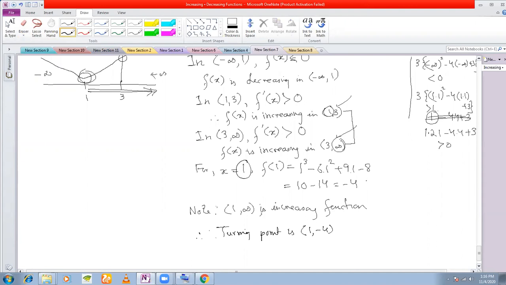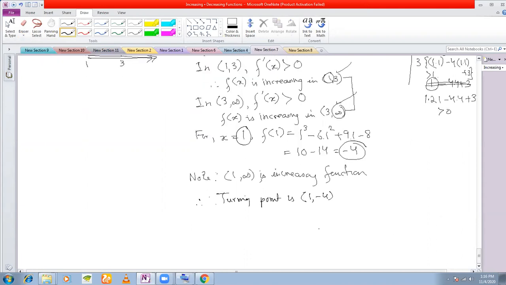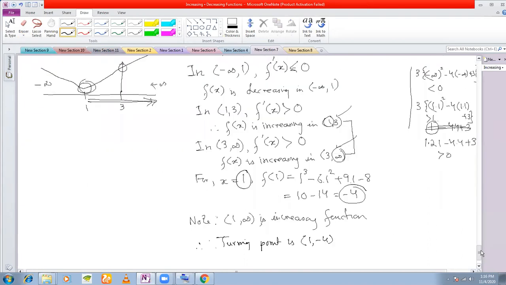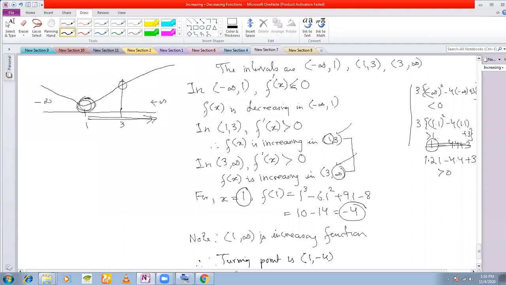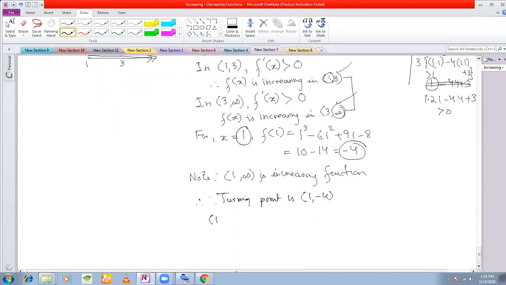Because for x is equal to 1, you're getting y is equal to minus 4, right? So therefore, if you're getting this as a turning point, what is this point? 1 comma minus 4 is a point of local minima.